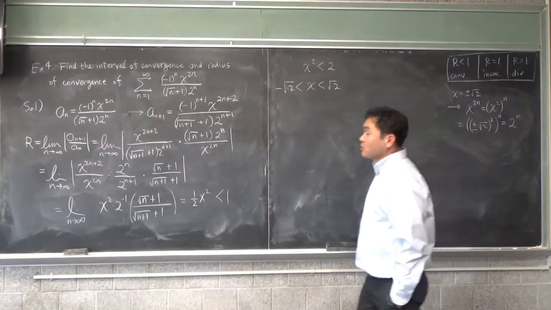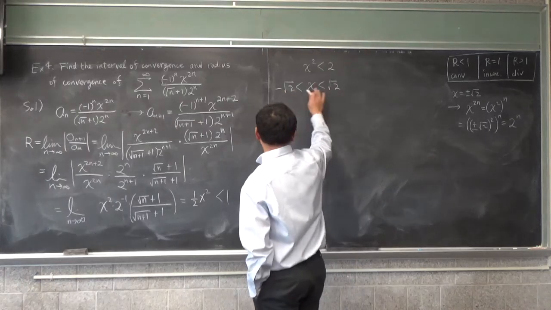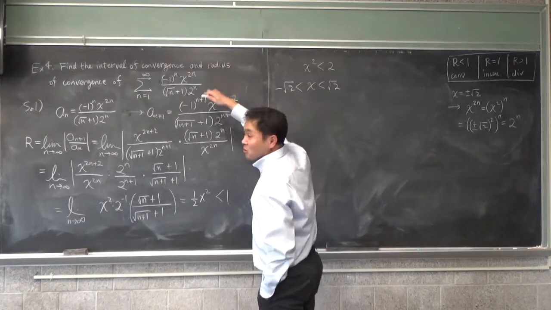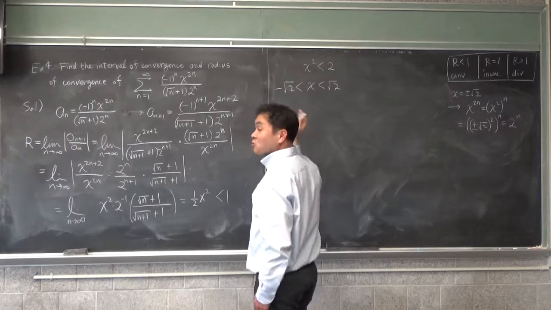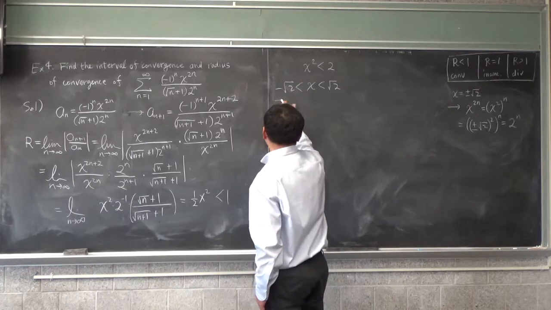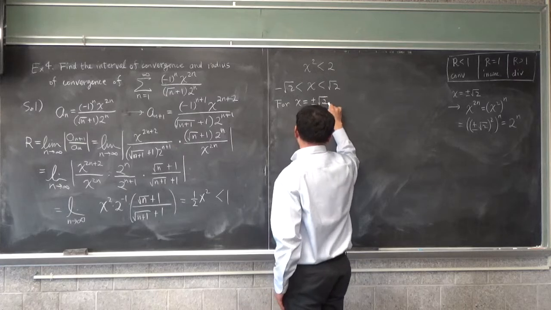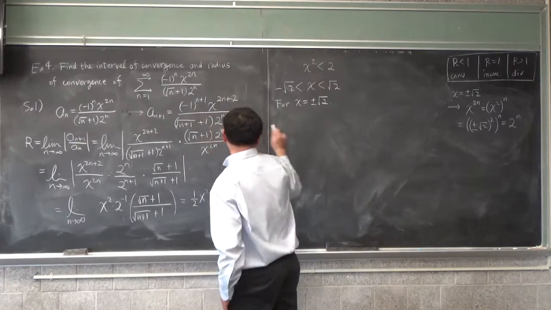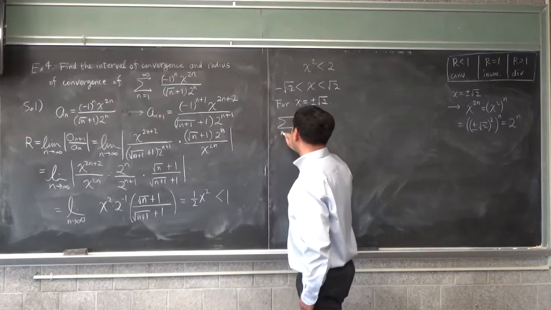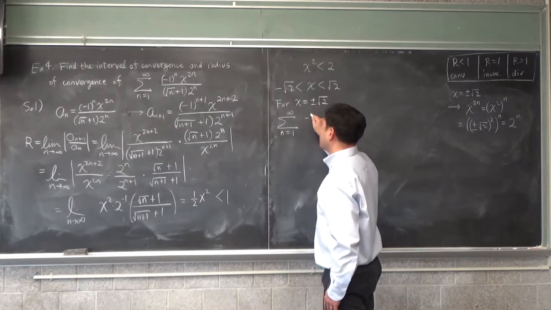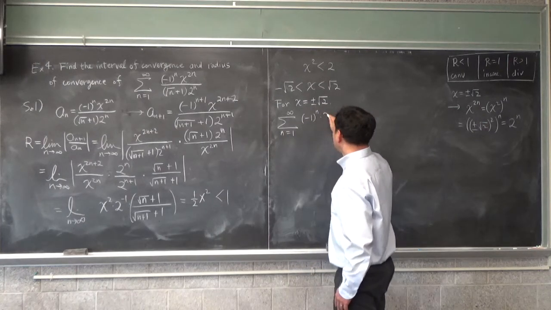So whether you plug in negative radical 2 or positive radical 2 in here, you get the same expression. Let's just do them both at the same time. So for x equals plus or minus square root of 2, when this is plugged in here, you get the summation of n equals 1 through infinity of negative 1 to the nth power, 2 to the nth power.